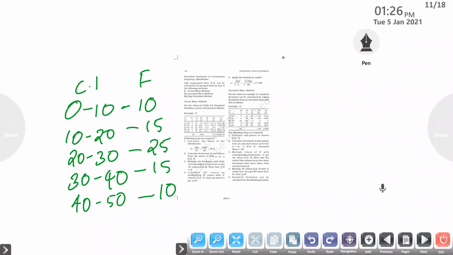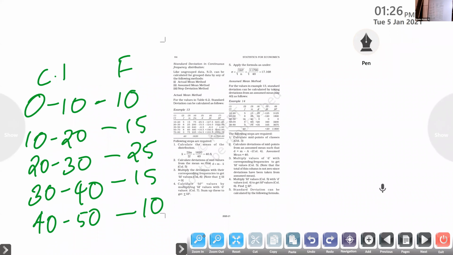Now repeating the steps. First of all, find the midpoint of the class. Then go for the actual mean, sigma fm divided by sigma f.